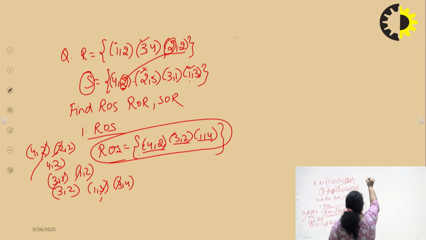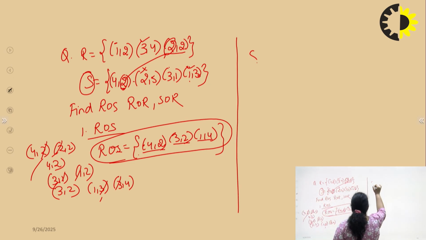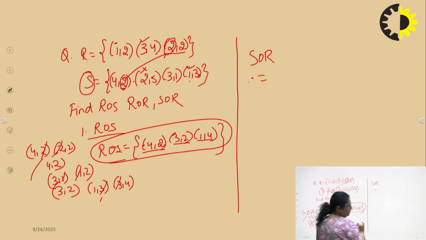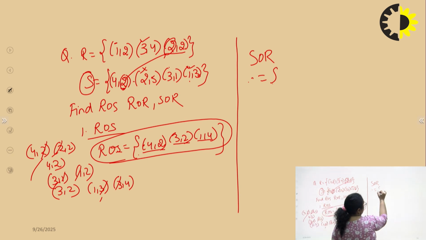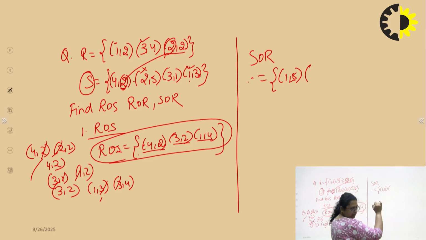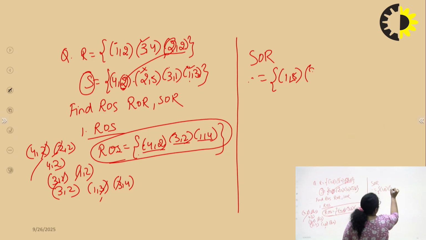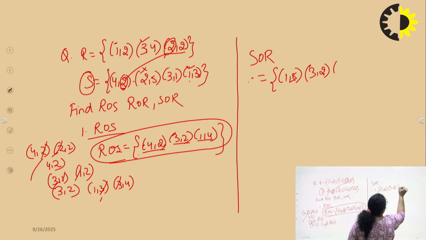Now we will calculate SoR. So what will be our SoR? RoS we have calculated. Now SoR will be (1, 5), (3, 2) and (2, 5).